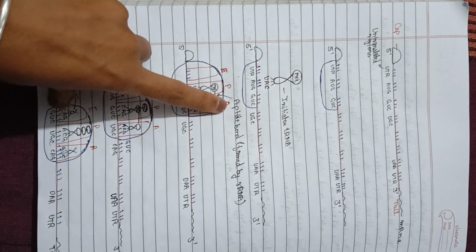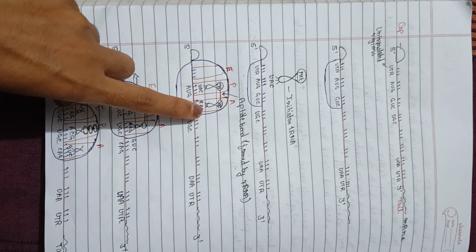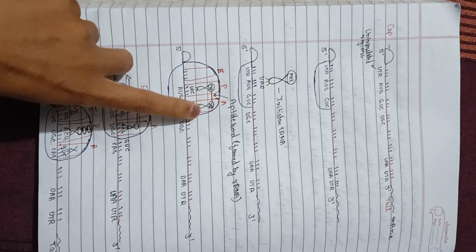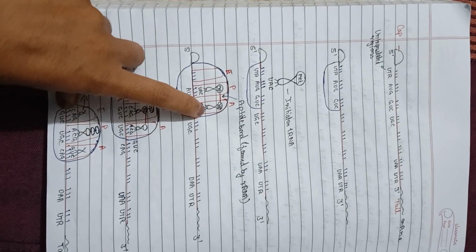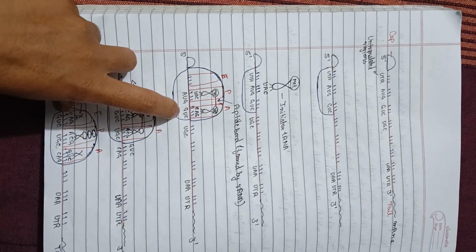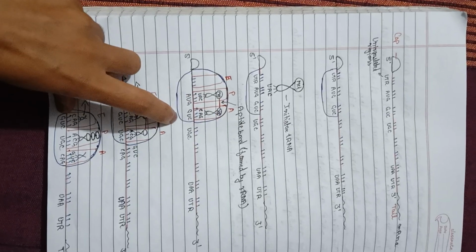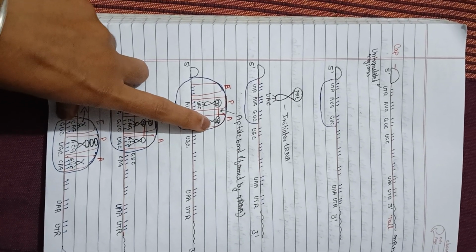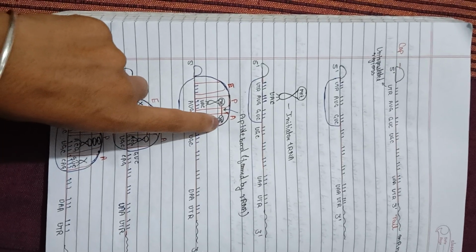Now what happened on A site, a new tRNA came and it binds to the codons on mRNA. tRNA basically has anticodons, and mRNA has codons, so both the codon and anticodon bind, and the tRNA brings with itself an amino acid.